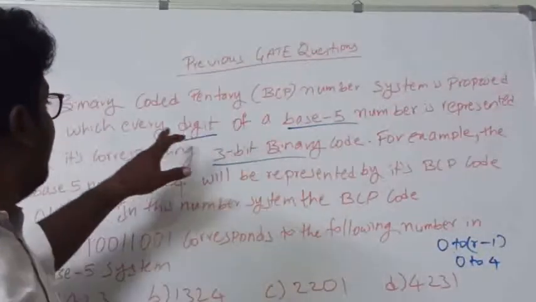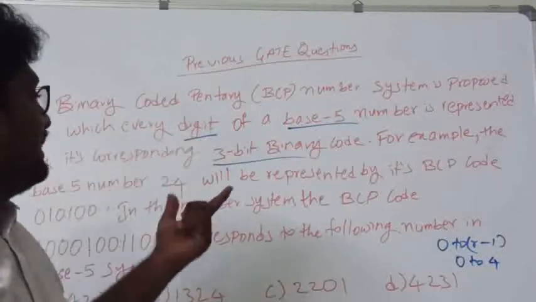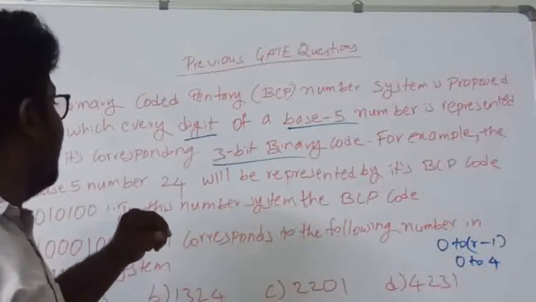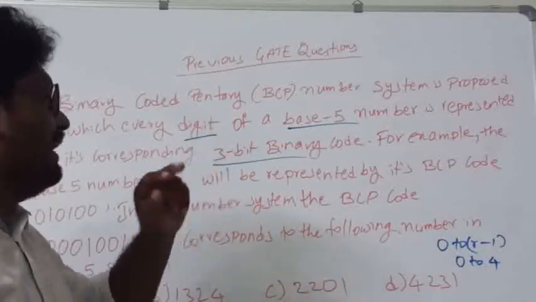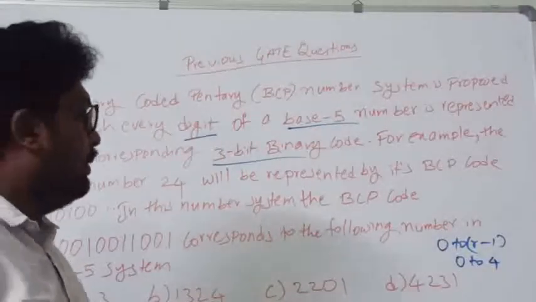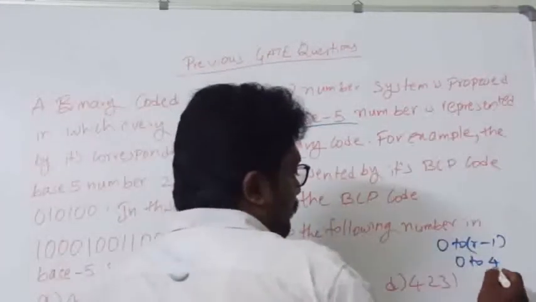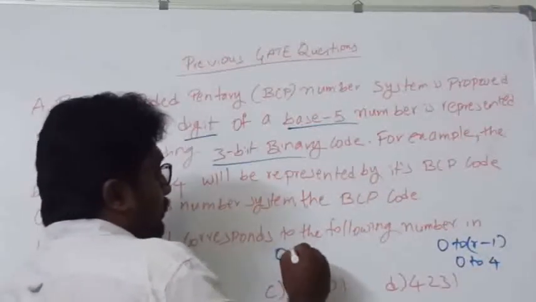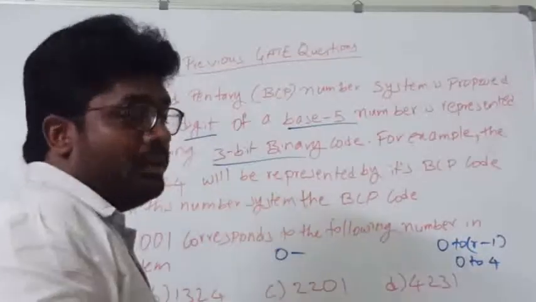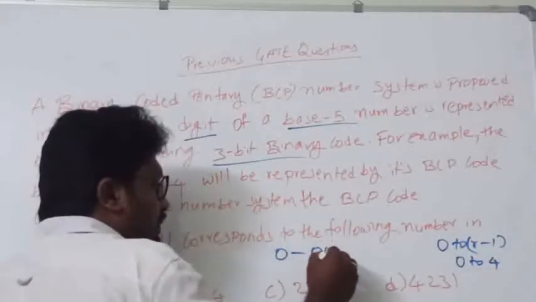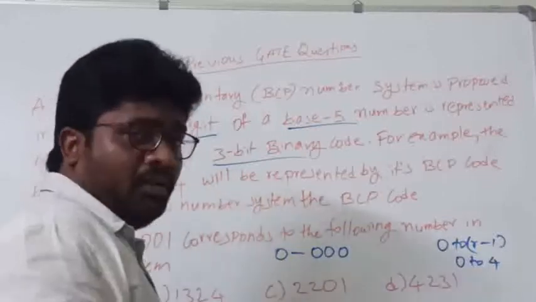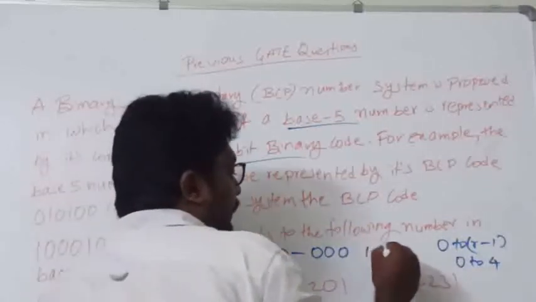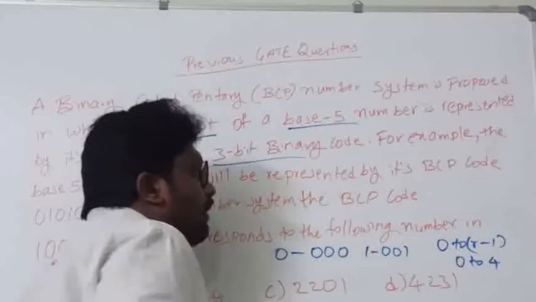It is also given that each digit in a base 5 number system corresponds to a 3-bit binary code. For example, 0 in a base 5 number system will be represented as 000, and 1 will be represented as 001.